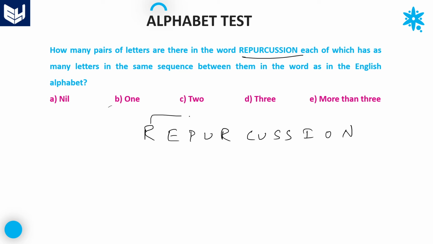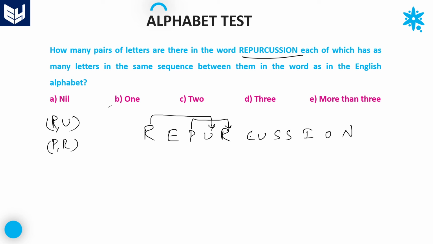S, T, U. R and U is one pair. U, V, W. No. E, F, G, H, I, J, K, L, M, N, O. No. P, Q, R. PR is one pair. R, U.